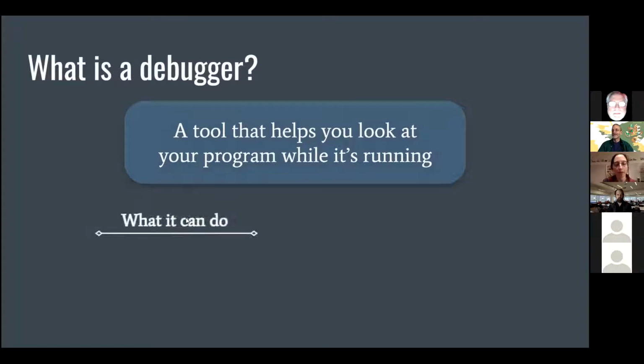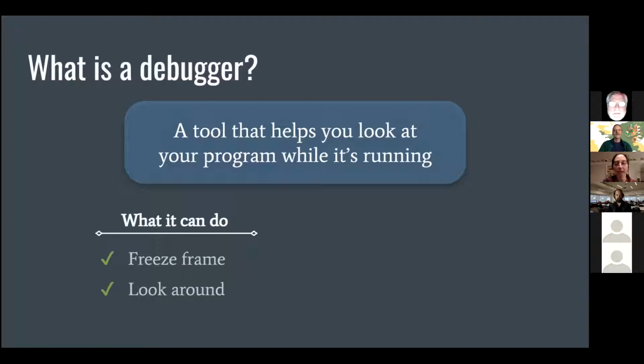So what can it do? Like we said, it can freeze frame your program. All programs go through and execute their commands one by one. Let's not touch on async stuff, so let's say just one by one for now. And so you can stop at any one of those steps and inspect what the state of the program is at that point.